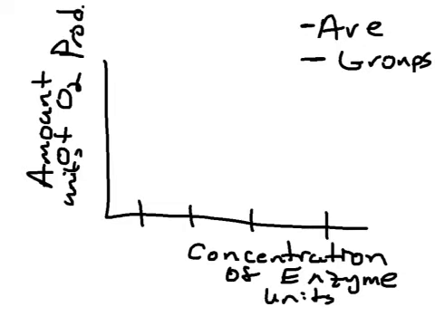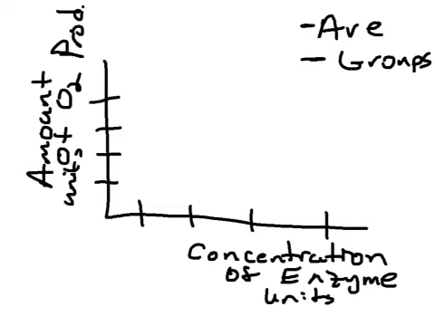Now on the y-axis, you're going to put the amount of oxygen produced in units, while on the x you have the concentration of enzyme in units. What's clear here, of course, is the units of oxygen produced are going to be either 1, 2, 3, or 4.